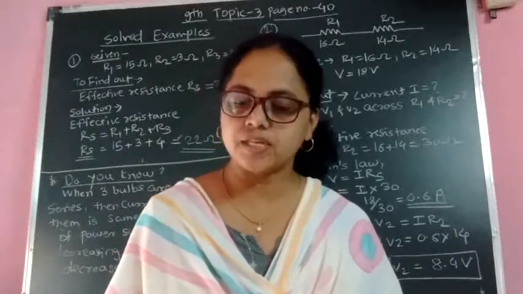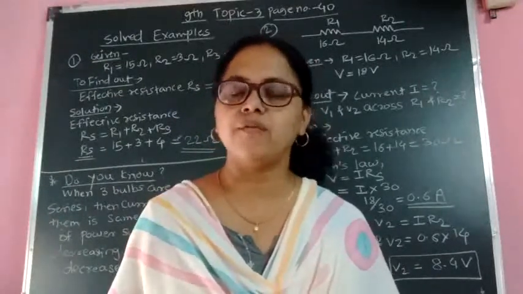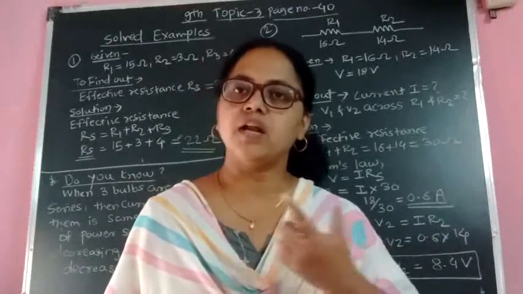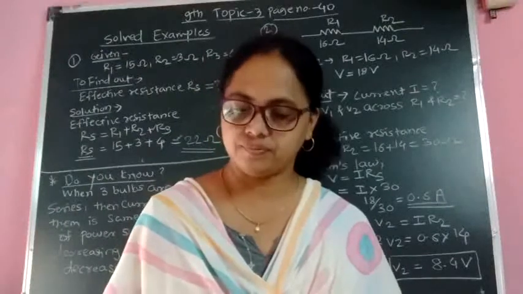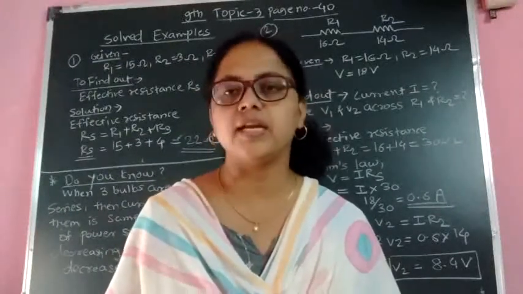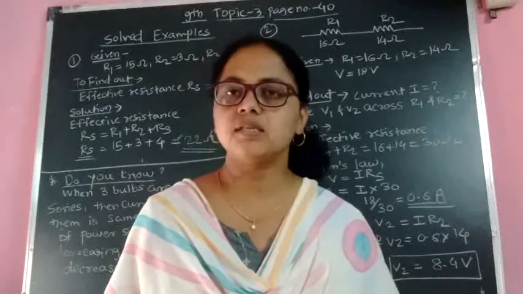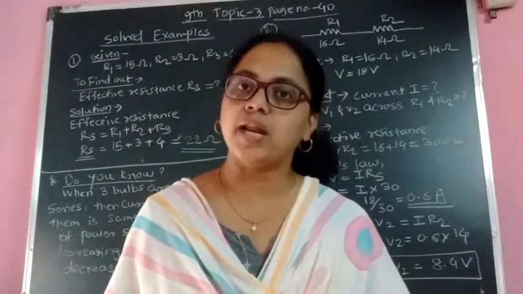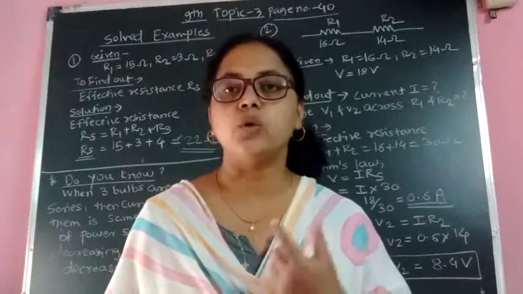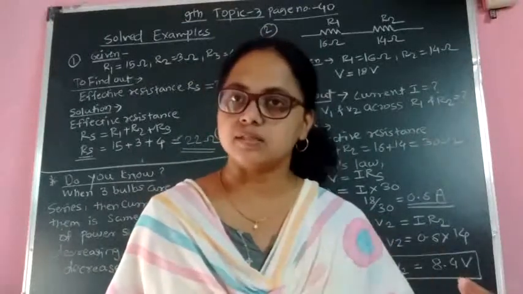Then if two bulbs are connected in series, suppose you have taken two bulbs and connected one after another in a series, they will both give less light than if they had been connected individually. That is, if we connect only a single bulb, it gives more light as compared to when we connect two bulbs or three bulbs in a series.